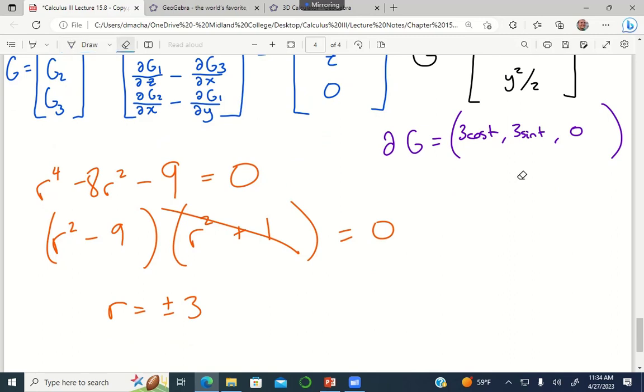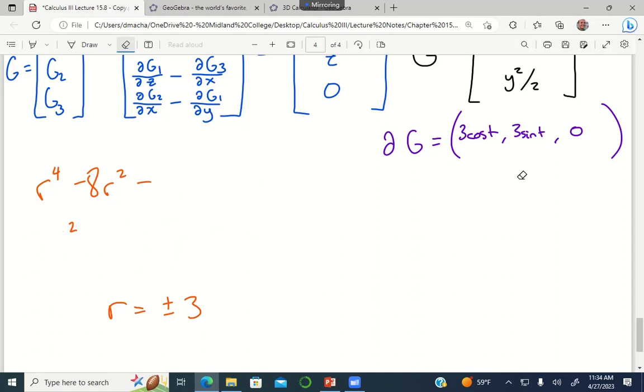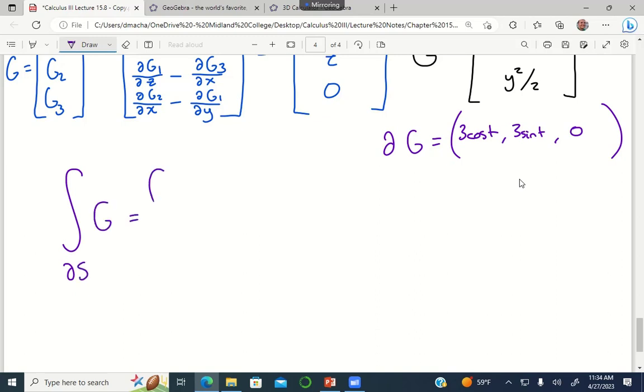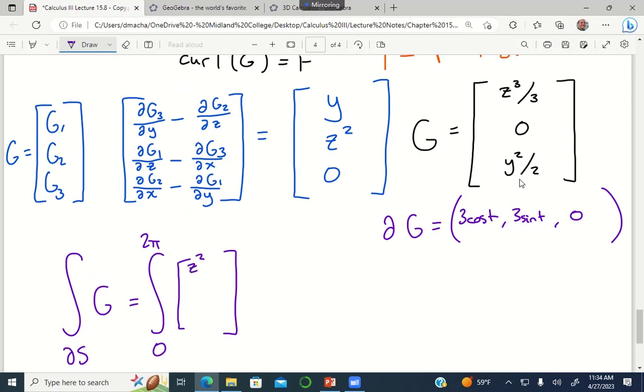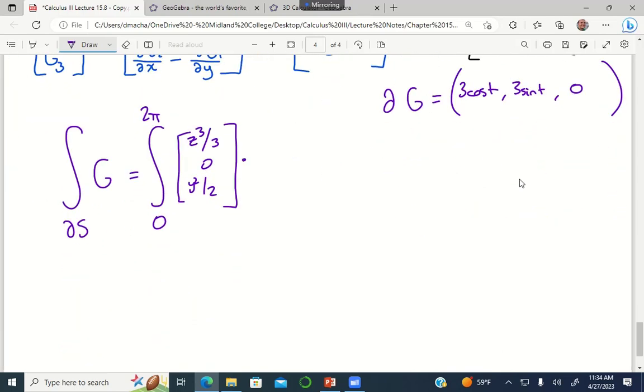The path integral we want to take is going to be the single integral from 0 to 2 pi of the dot product between G, which is z cubed over 3, 0, y squared over 2, and not the curve, right, but the derivative of the curve.